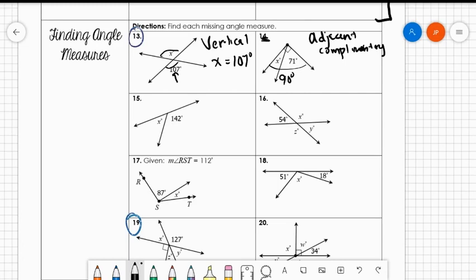So what that looks like is, x plus 71 equals 90, because x just represents some angle measure. And now solve that problem. I'll subtract 71 on both sides, and x is going to be 19 degrees.